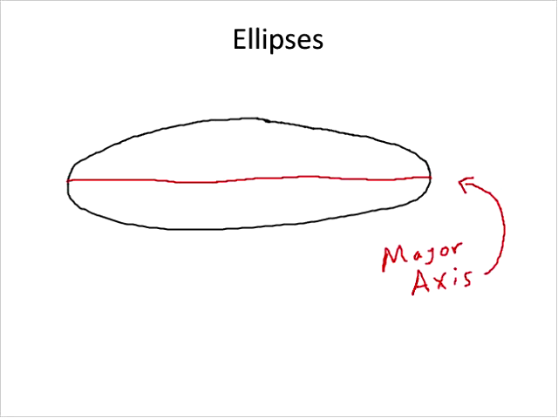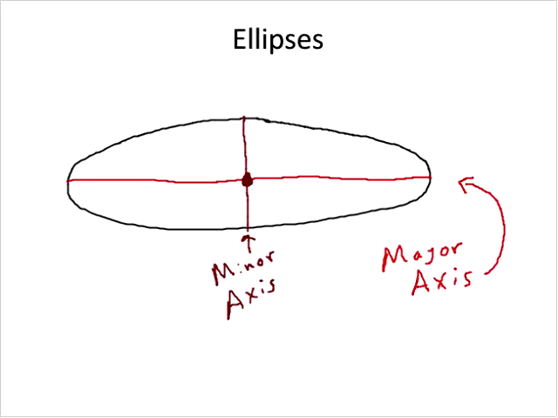You also have the shorter axis, which is called the minor axis. Okay, you'll also have the center. That's no big deal.